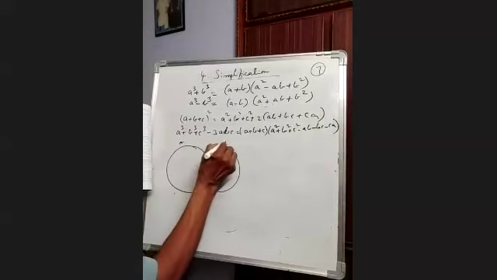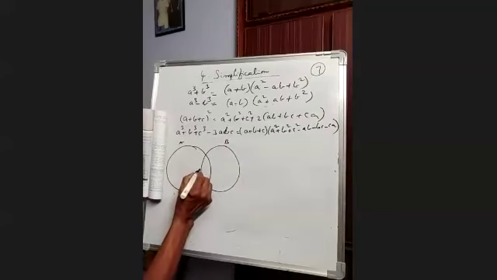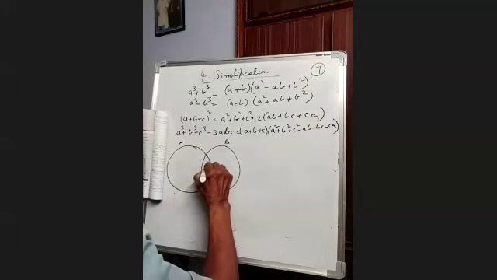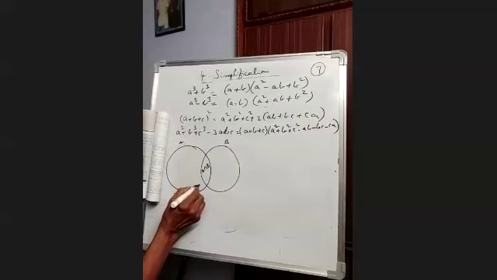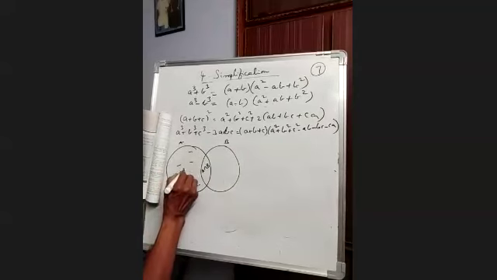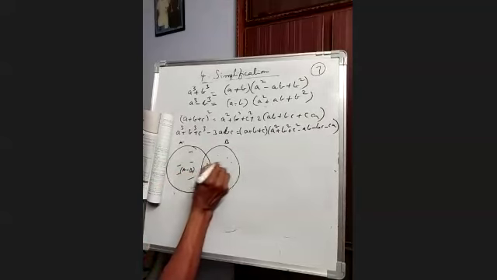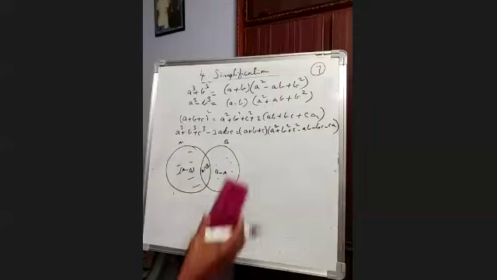This is set A and set B. This is called A intersection B, this portion. This portion will be A minus B. This portion will be B minus A. That is the representation of a Venn diagram.